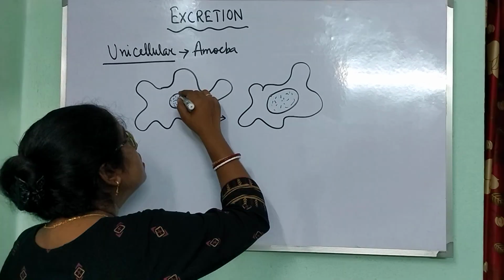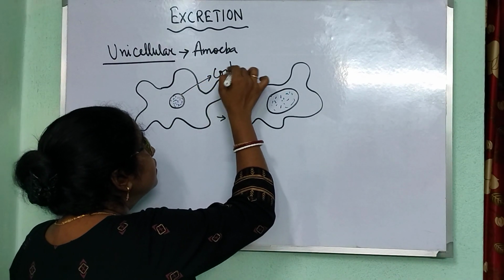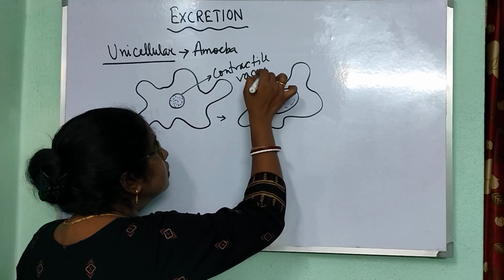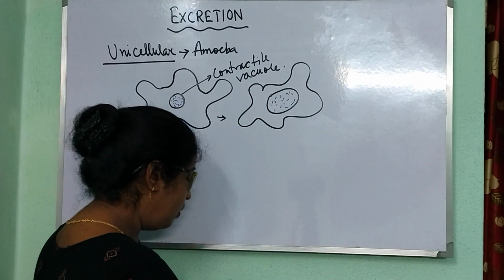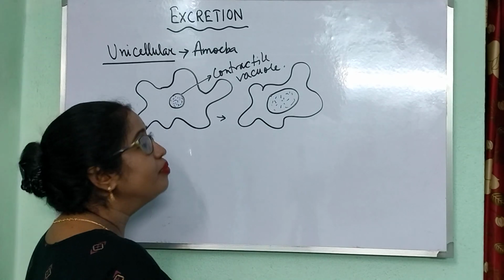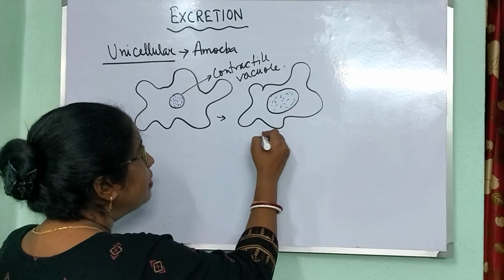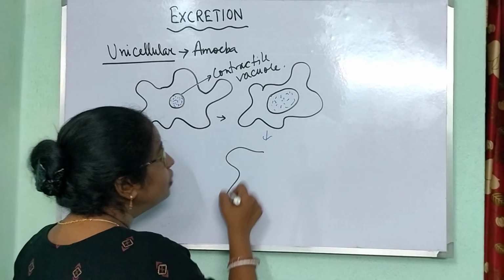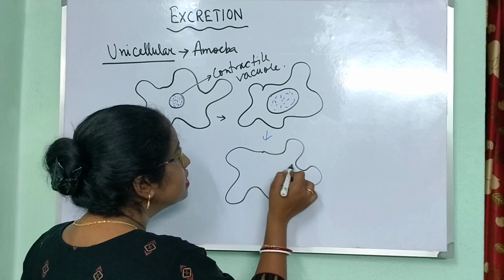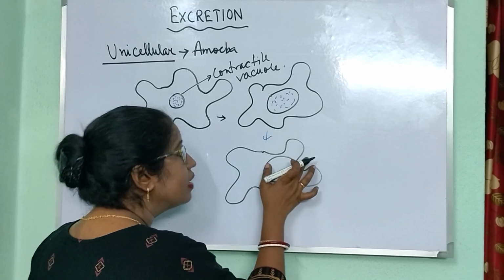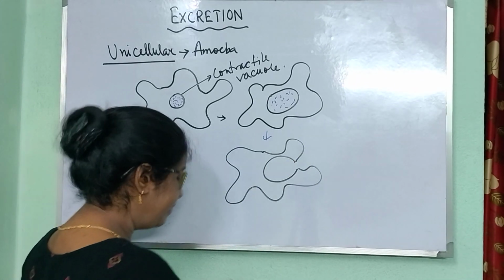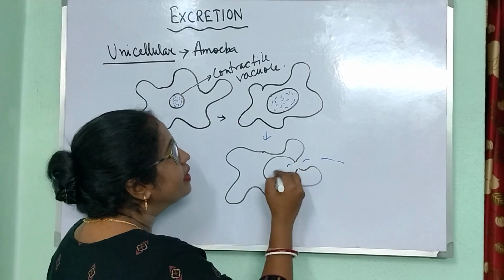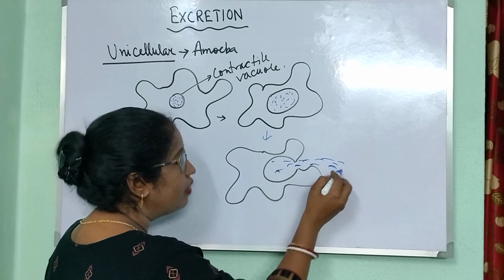This is the contractile vacuole, and it then moves towards the plasma membrane. When it touches the plasma membrane, it bursts out, and the material inside it is eliminated outside from the amoeba's body.